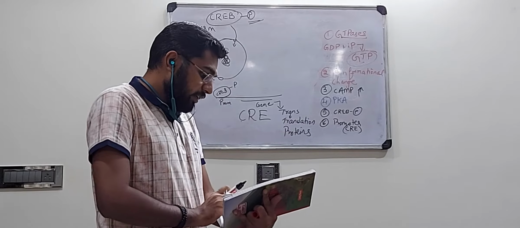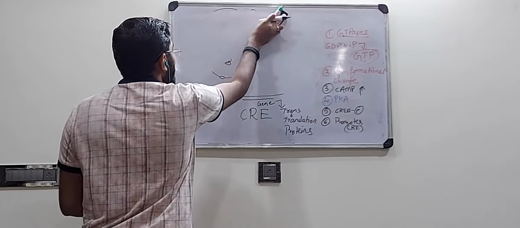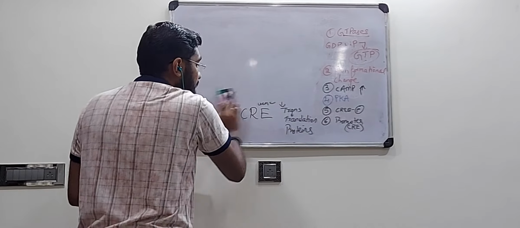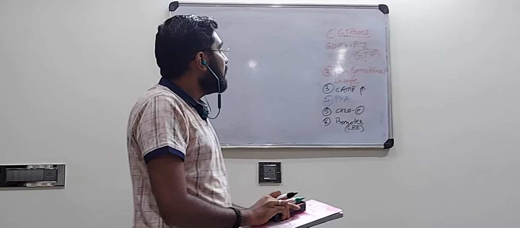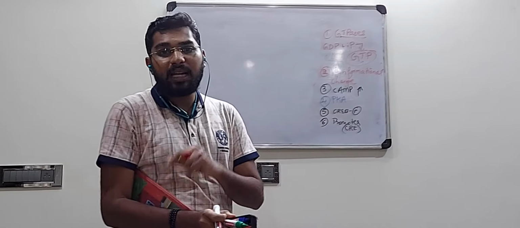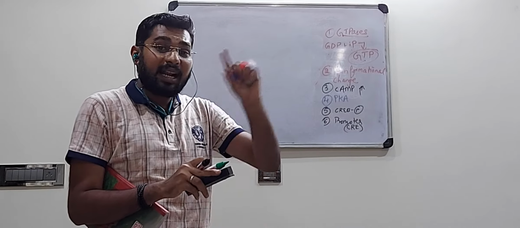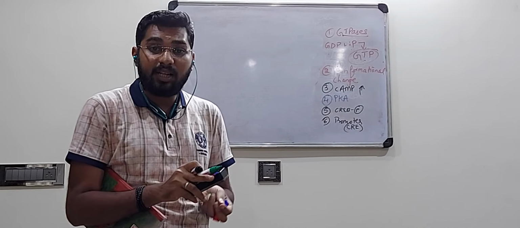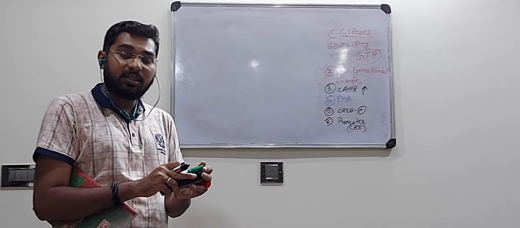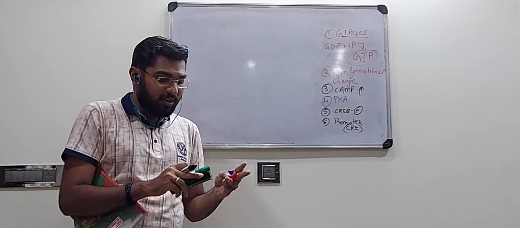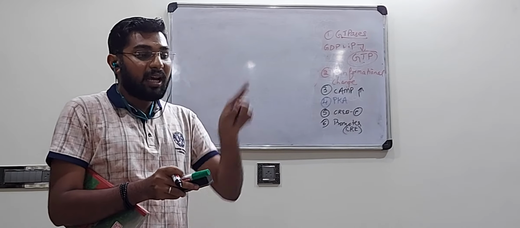So very quickly I will recapitulate the entire concept we studied in this video session. GPCRs, or G protein coupled receptors, are transmembrane receptors present on the plasma membrane. This receptor has three regions: the N-terminal region, the C-terminal region, and the transmembrane region.